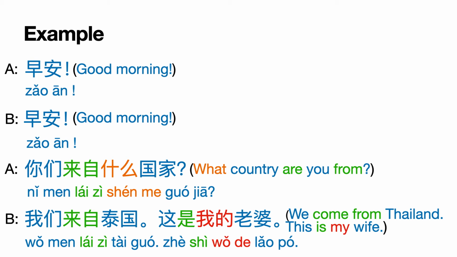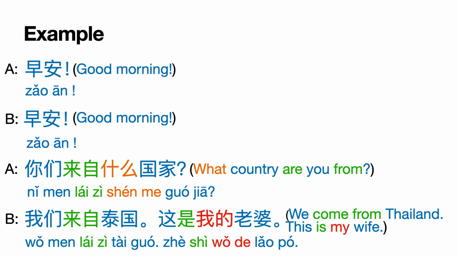So let's look at some examples of how to use what we've learned today and also the previous lessons. 早安. Good morning. 你们来自什么国家? What country are you from? 我们来自泰国。这是我的老婆。We come from Thailand.